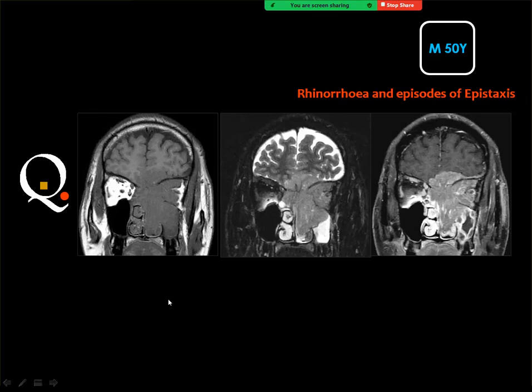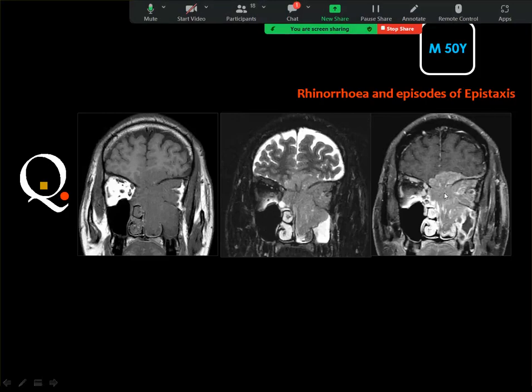Whenever you are asked about the differential diagnosis of a lesion that is involving the ethmoidal air cells with intracranial extension and orbital extension as well, this location is suitable for neuroblastoma, which is also known as olfactory neuroblastoma.